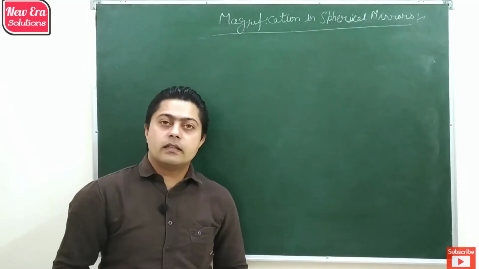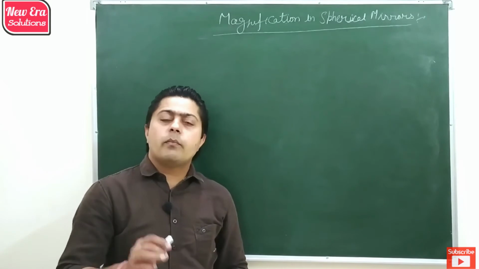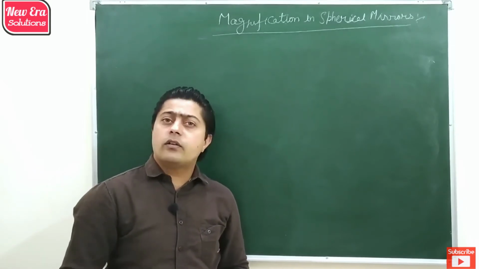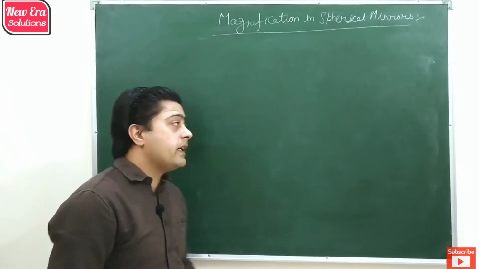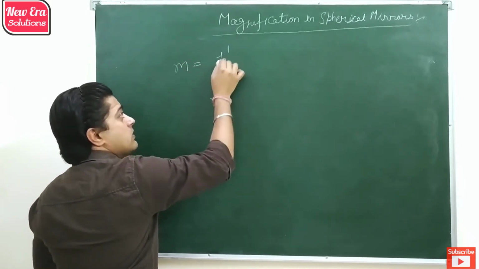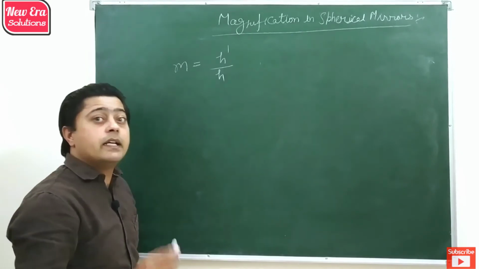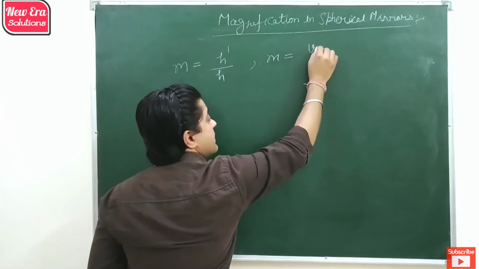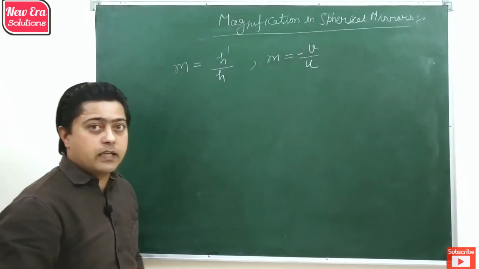So now let's discuss the magnification in spherical mirrors. Magnification is basically the change in height or distance of the image as compared to the object, and it is defined as the ratio of the size of the image to the size of the object, and it can also be defined as the ratio of the distance of the image to the distance of the object.